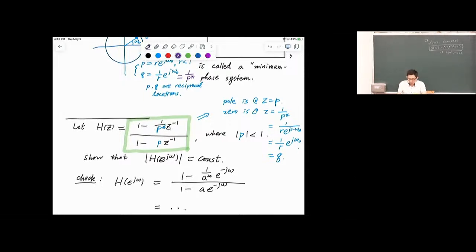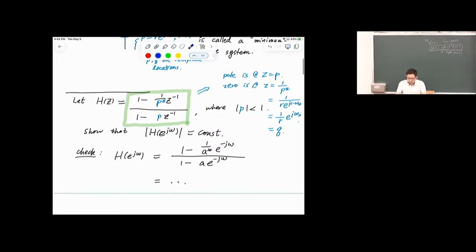So now, hopefully I have convinced you that this is a system which has a pole at P and a zero at the reciprocal location. Next, we want to show that indeed its magnitude response, which is the system function evaluated on the unit circle, is going to be constant.